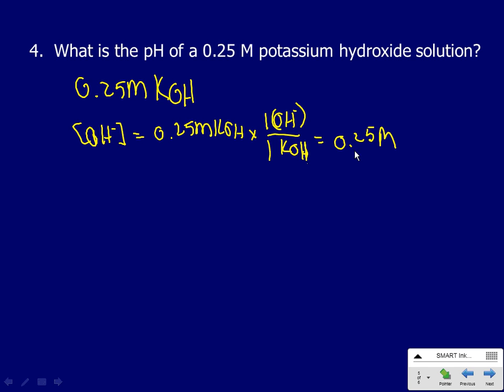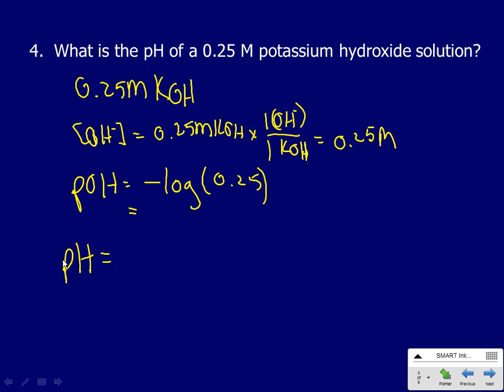Once I have this number, what can I calculate once I have the OH minus? Yep, Jenna? Yeah, I can get the pOH: negative log 0.25. But I'm not finished there because the last step is to get the pH.